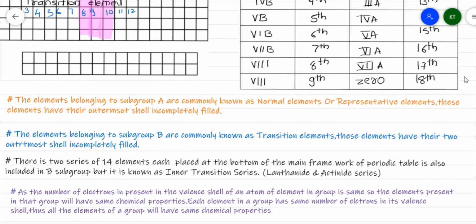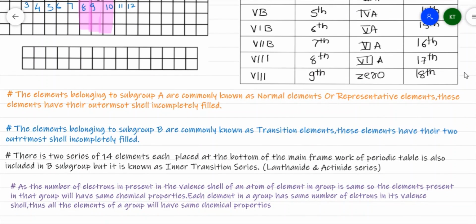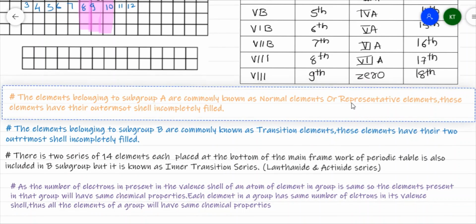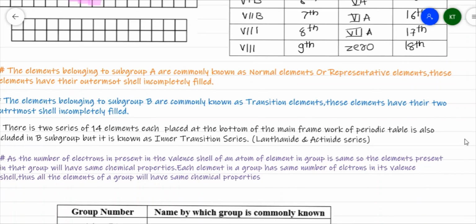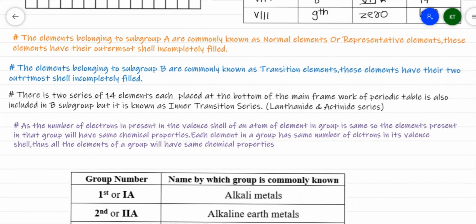Now let me discuss certain points here about which groups have been known by which name. The elements belonging to subgroup A are called normal elements, or also representative elements.